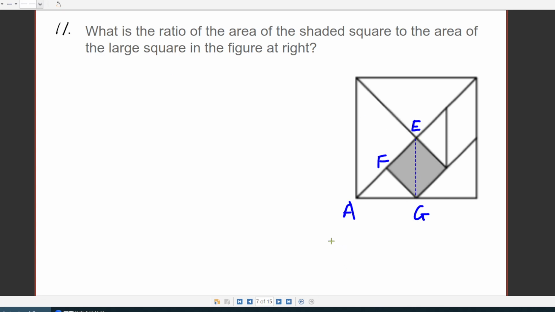and if you connect EG, then we know that the area of the shaded triangle EFG actually equals that of triangle AFG, right? You see that? Therefore, the shaded square has area equal to triangle AEG, this triangle here.